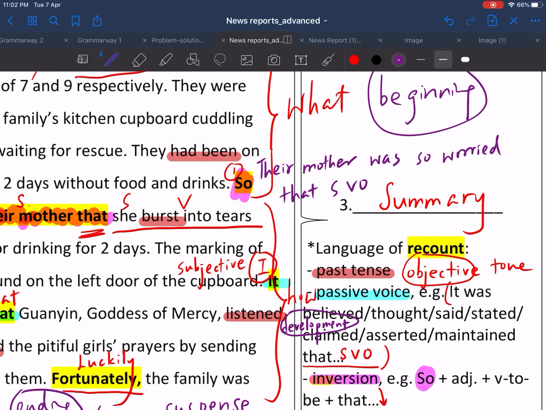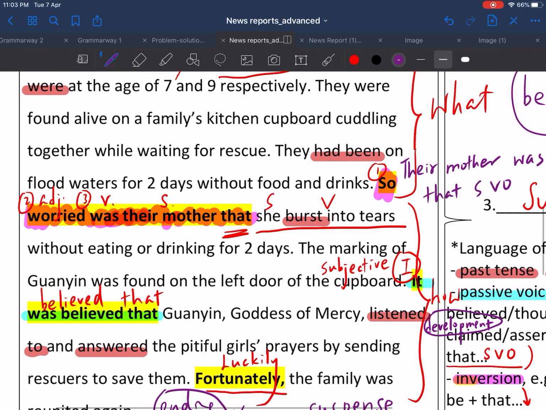This is the original sentence. However, if we want to change the original sentence to so inversion, remember start with so. Once again, remember to start with so, then adjective, then verb to be, then subject, then that clause. A clause means SVO pattern.